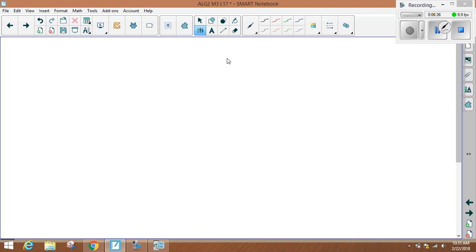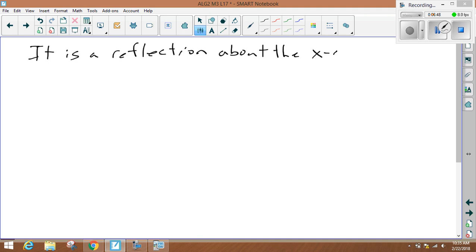All right, so you're going to say it is a reflection about the x-axis. Hey, what's another name for the x-axis? A lot of people, this one isn't plainly obvious to.